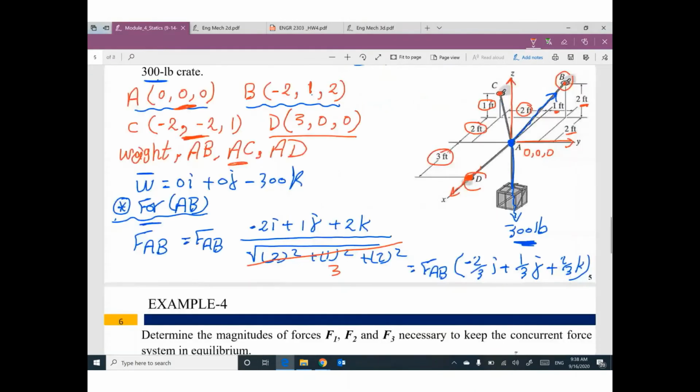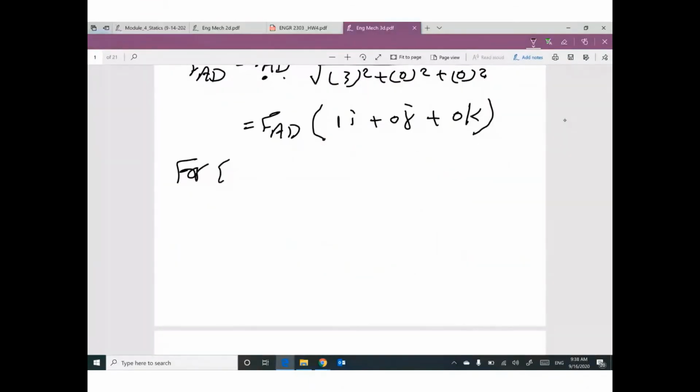Weight, AB, AC, and AD. All of these systems of forces are in equilibrium. So for equilibrium, the summation of all x components equals 0. Go ahead and put these components together.